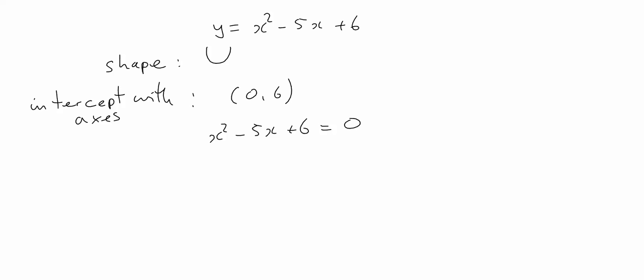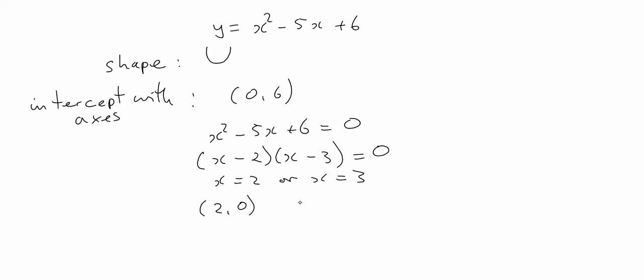You could note from the previous videos that a quadratic like this may factorize. This one does factorize: x minus 2, x minus 3 equals 0. And so x equals 2 or x equals 3, and the intercepts with the axes are 2, 0 and 3, 0.